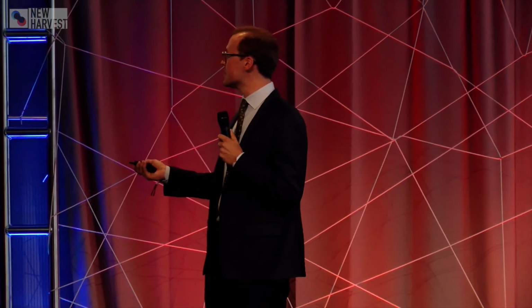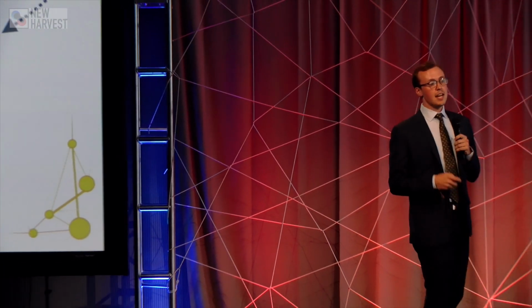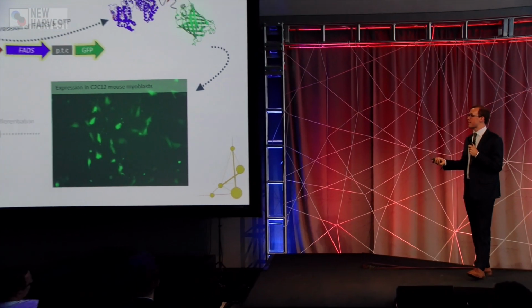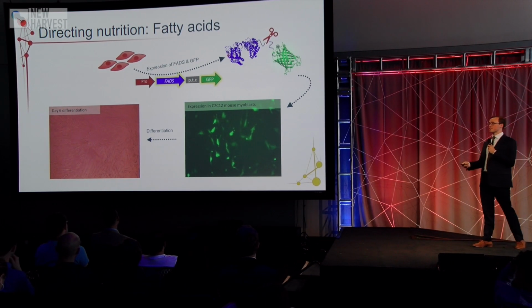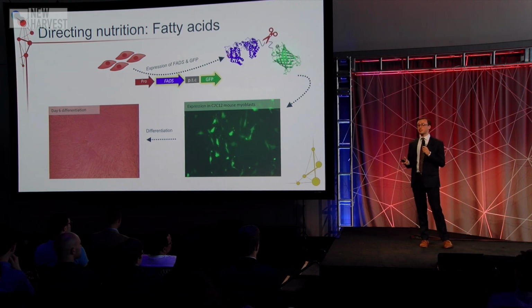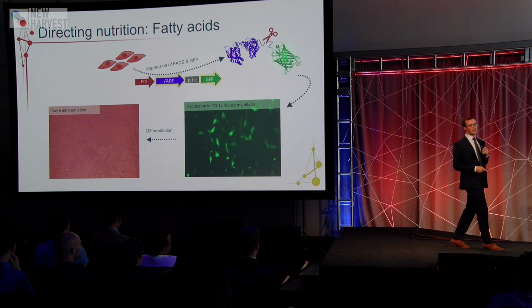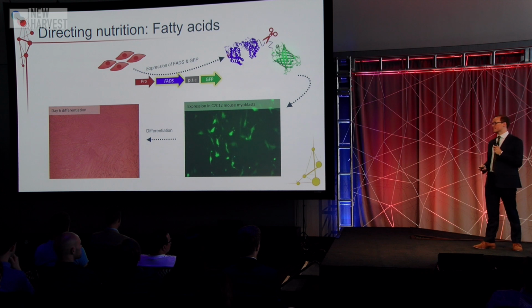And indeed, when we look at these cells, we see that they're fluorescing, producing this green fluorescent protein. Importantly, we see that they're able to continue down the myogenic lineage and differentiate into myotubes, which means that with a method like this, we wouldn't necessarily have to take into account the same flavor and texture confounding factors that we would with, say, an early harvesting protocol to try and target these fatty acids.